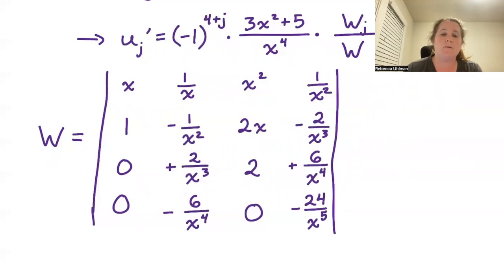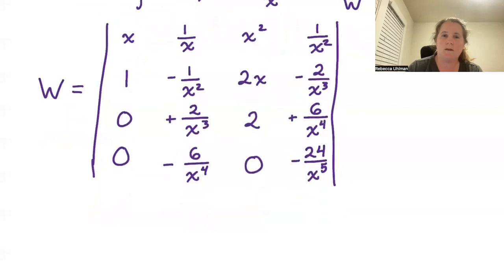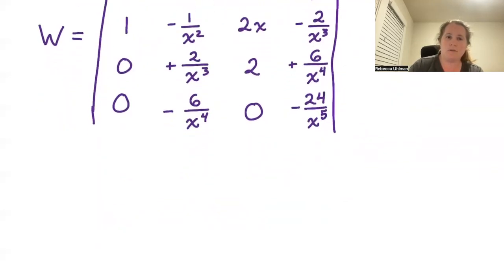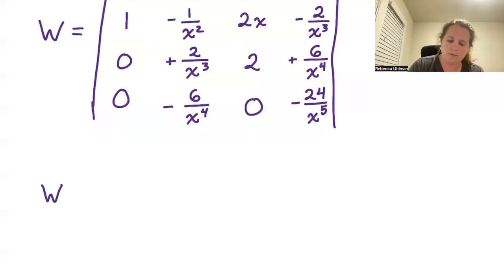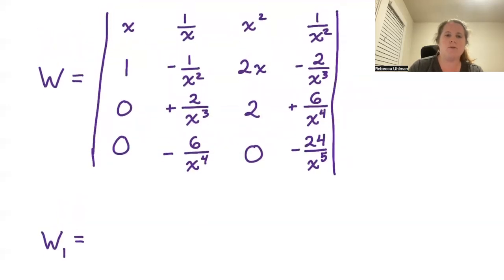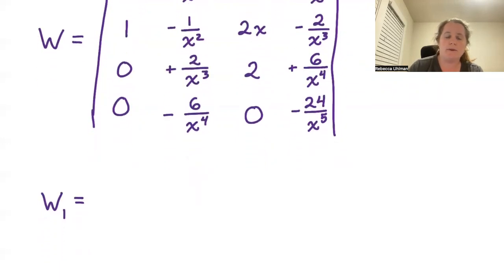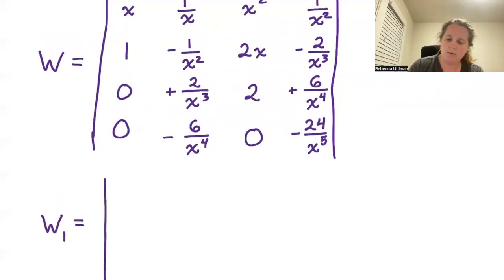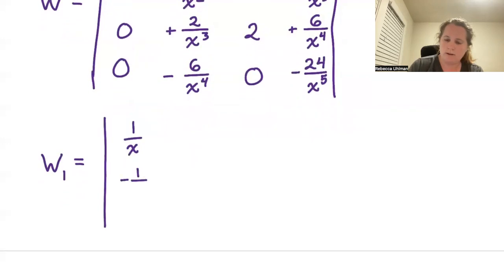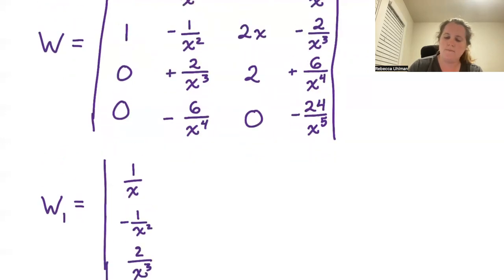So W, our Wronskian, is the determinant of this matrix. We can go ahead and do our submatrices. So W1, we eliminate the first column and the last row. We always eliminate the nth row. So eliminating the first column and the last row, we have 1 over x, -1 over x squared, and 2 over x cubed as our first column.